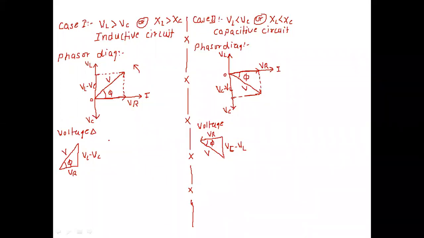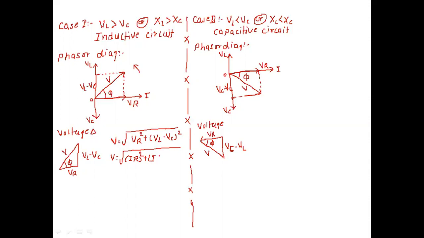And from that, we can write the equation. I can write the equation for the RMS value of the applied voltage, which is equal to under root of VR square plus (VL minus VC) square. As we know the formulae for VR, VL and VC, let me put these formulae here. So I can write (I into R) square plus (I XL minus I XC) square.